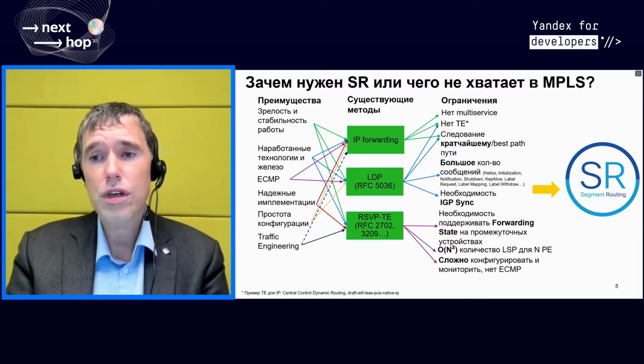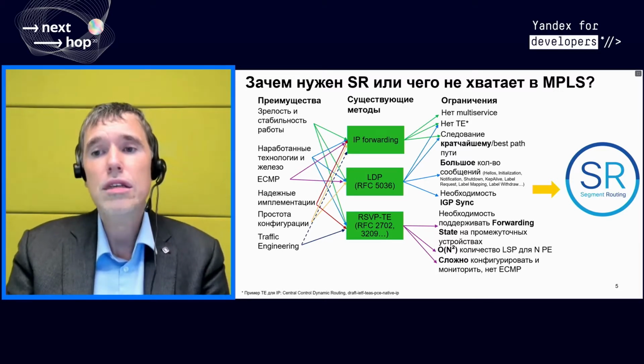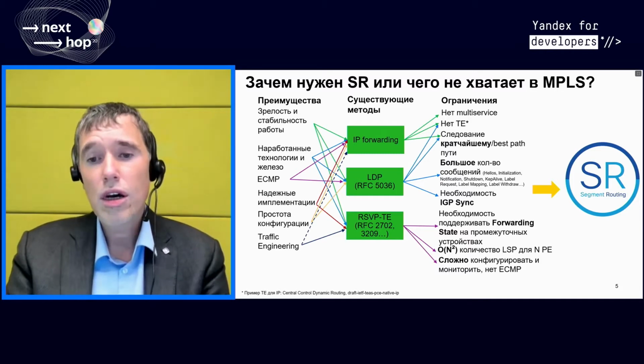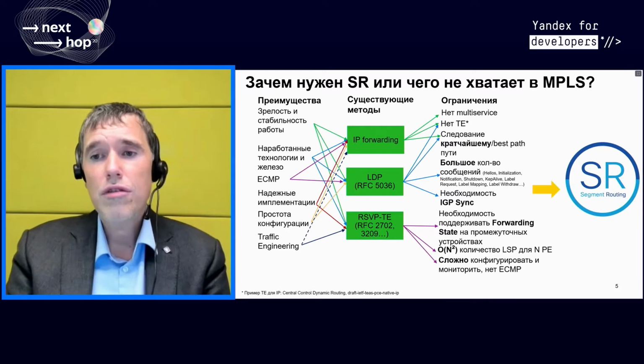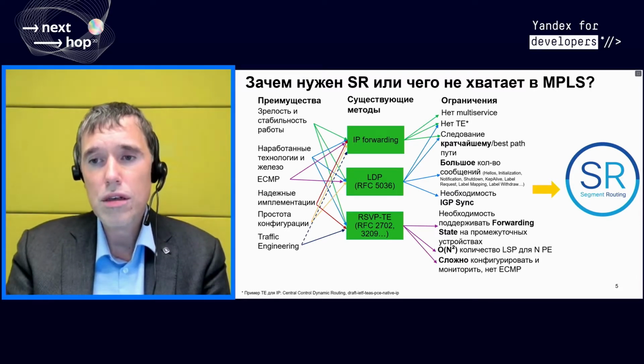As for LSP and TE, which enable traffic engineering there and choose the shortest path, those methods already have some limitations.